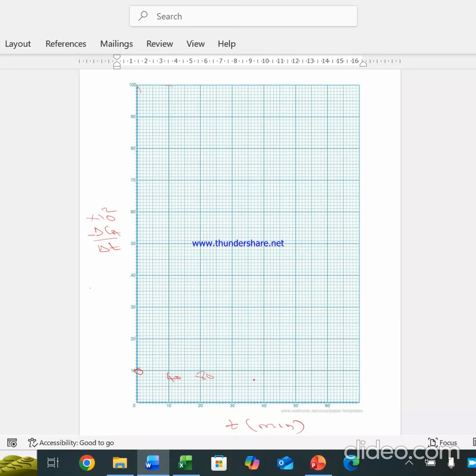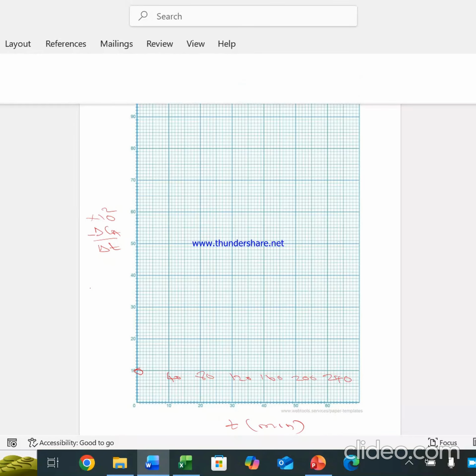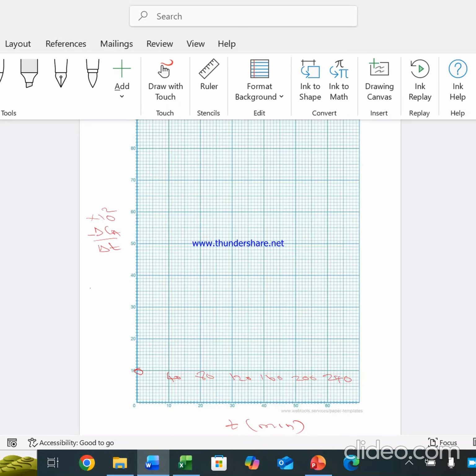Otherwise, it should have been 30-30, which would be better. So 120, 160, this is 200, and this is 240.